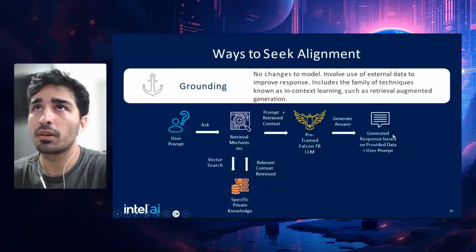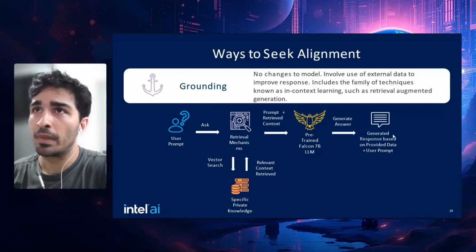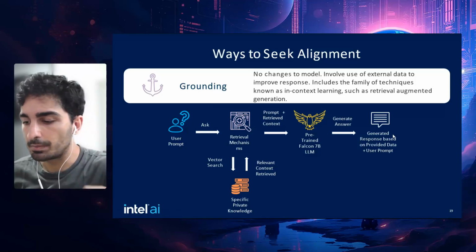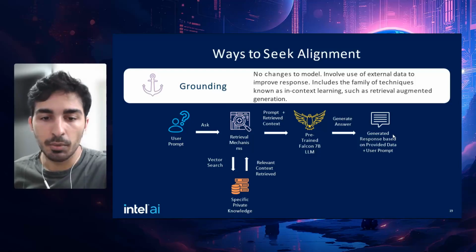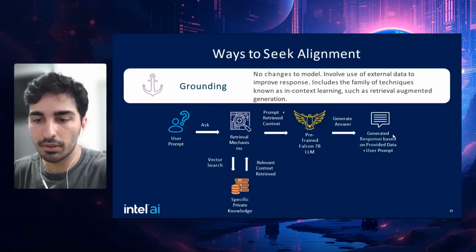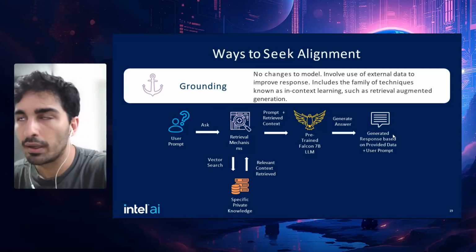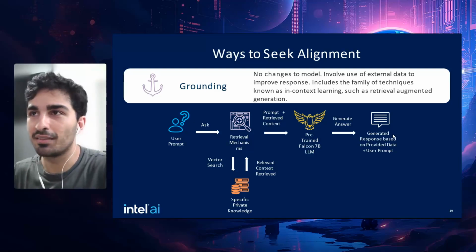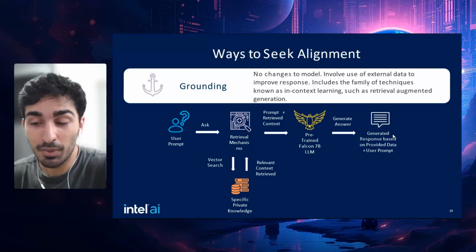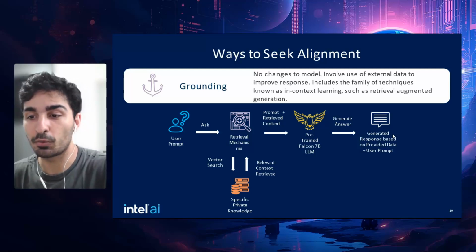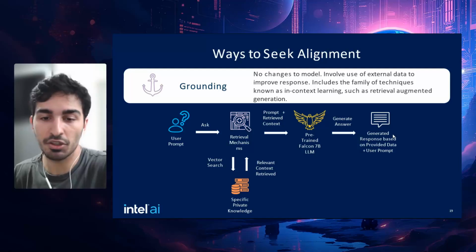The next one that we mentioned is grounding. In this technique, we don't change the model; the only technique that changes the model is fine tuning. Grounding, which you may have heard of under a different name, includes a specific technique called RAG, retrieval augmented generation.